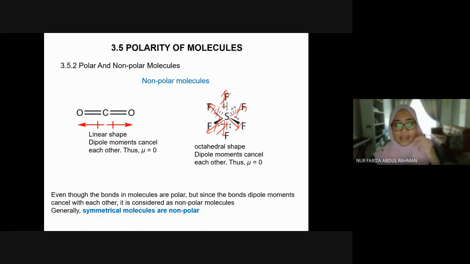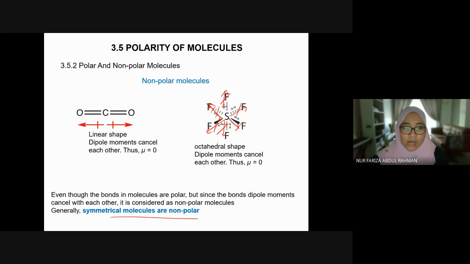So is there a net dipole moment present for this molecule? Is there any remainder? Everything has been cancelled out. So there's no net dipole moment. Therefore, this molecule is non-polar.